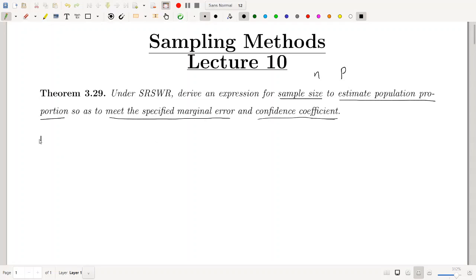So, proof of this theorem. To find n such that probability of mod of small p minus capital P less than d is equal to 1 minus alpha.